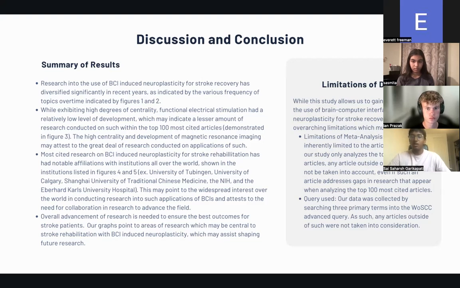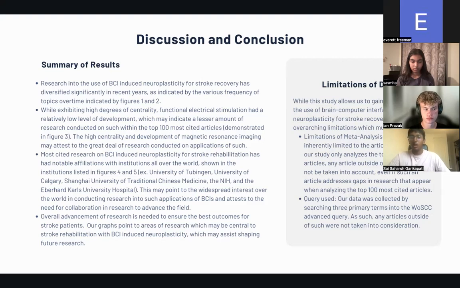Limitations of data. While this study allows us to gain a broader view of the use of brain-computer interface induced neuroplasticity for stroke recovery, there are overarching limitations which must be considered. For example, the limitations of the meta-analysis. Meta-analysis is inherently limited to the articles collected.